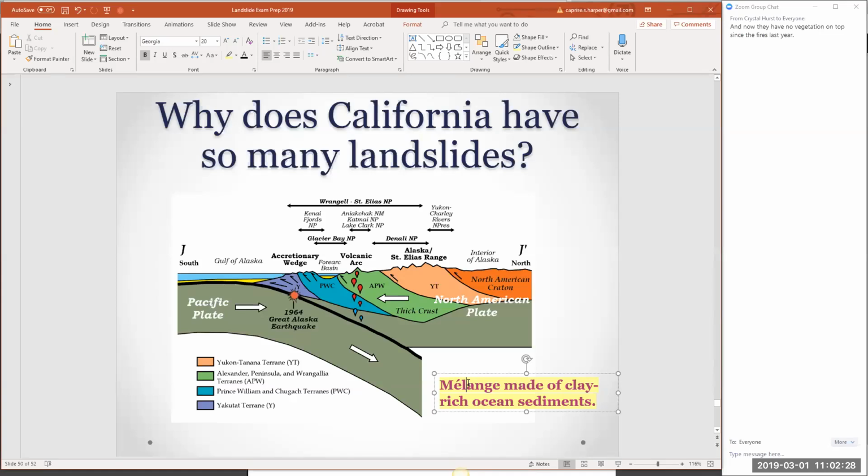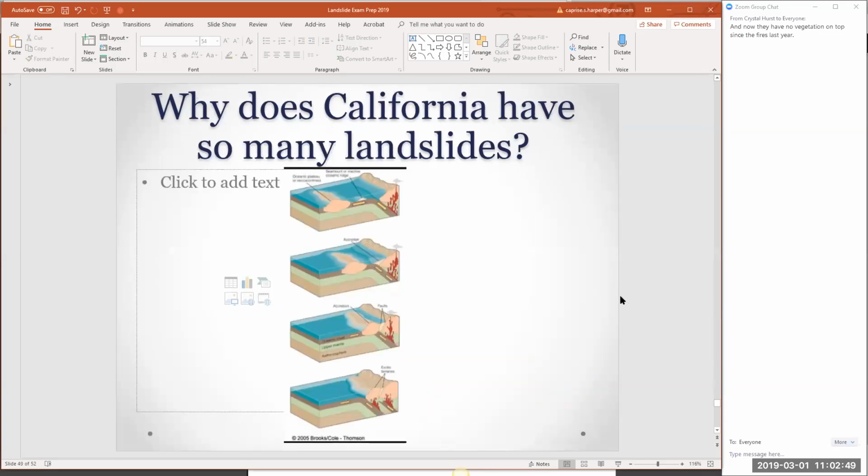It just makes it a place of high risk for many landslides. So in addition to those horrible fires and the way they've stripped the landscape, there's also this added component of risk, the melange.